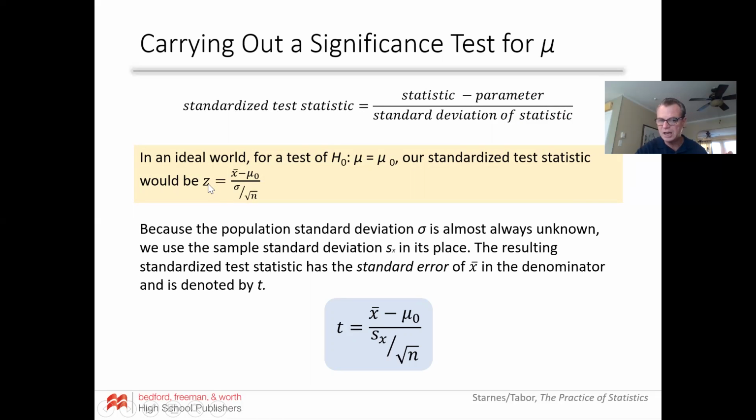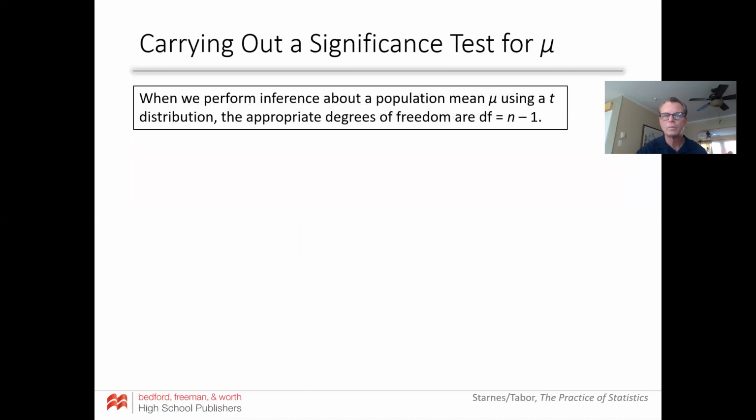So instead of getting a z-score, you're getting a t-score. When in doubt, if you see a mean question, you're going to assume that you're using a t-score. Well, we mentioned this before. This is not the first time you've seen it. It won't be the last time.